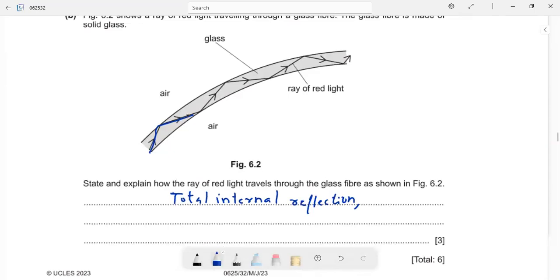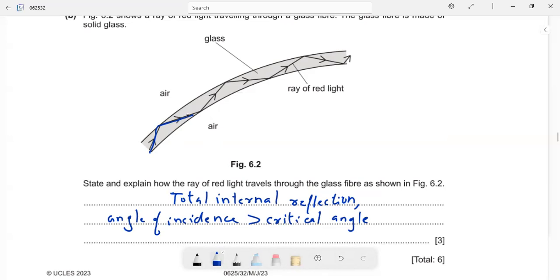So when the ray is incident on the surface at an angle and the angle of incidence is greater than the critical angle, total internal reflection will occur.